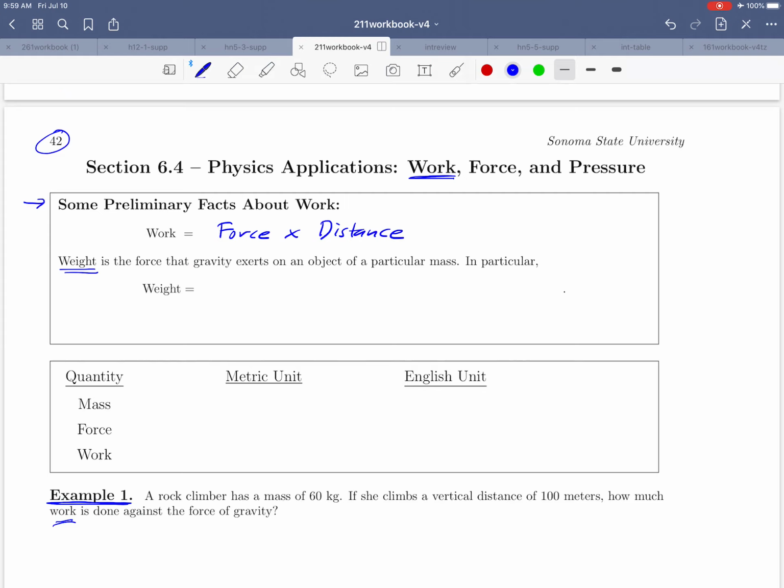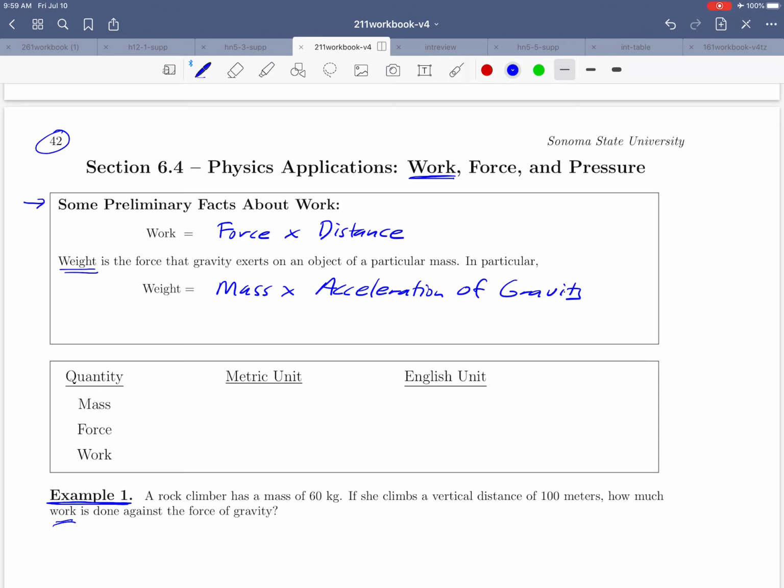Okay, so weight by definition is just the force that gravity exerts on an object of a particular mass, and we can calculate weight by taking mass times the acceleration of gravity.